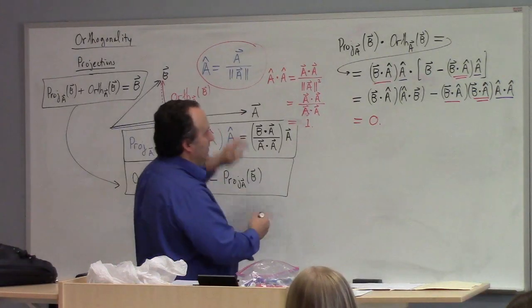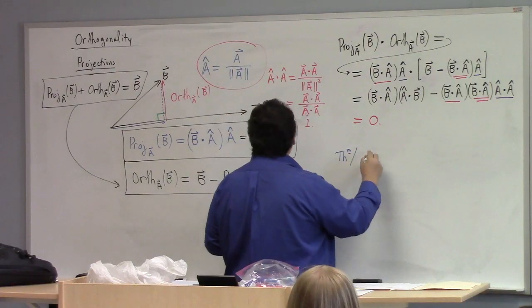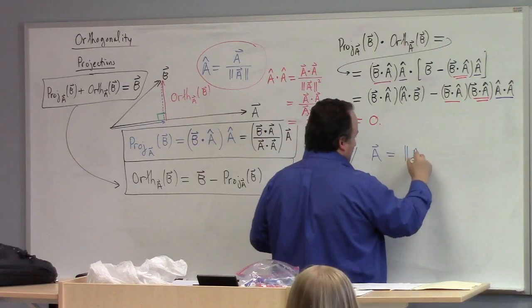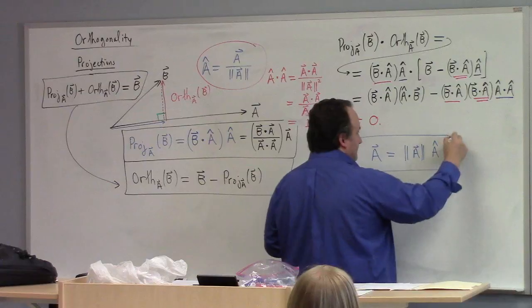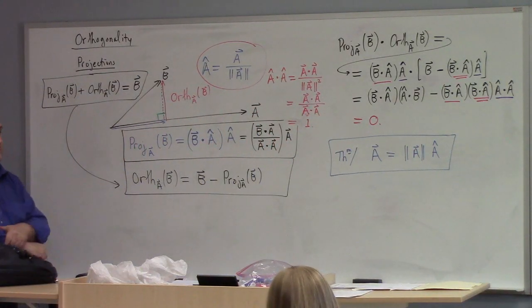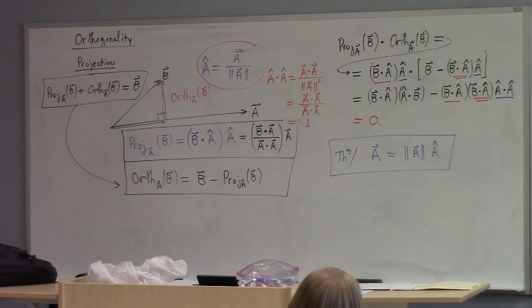Notice that this equation deserves a little bit more airtime. Let me just stop and say theorem: A vector is equal to the length of A times A hat. Do you guys recognize the importance of this? What is this saying? It's saying any non-zero vector can be written as a product of its magnitude and its unit vector, which you could also call its direction.